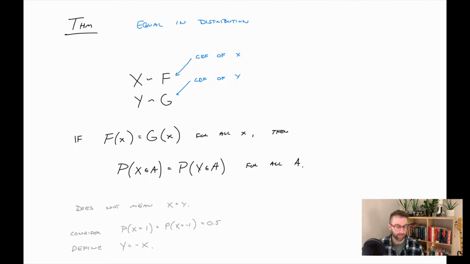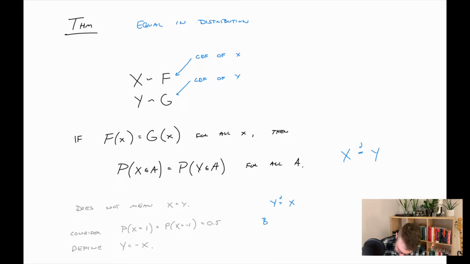And one of the classic examples to counter this is a really simple random variable X that takes two values, 1 and -1, each with probability 0.5. And then we define Y to be the negative of X. When this is true, we write that X is equal in distribution to Y. So in this case, Y is equal in distribution to X. That shouldn't be too hard to see.